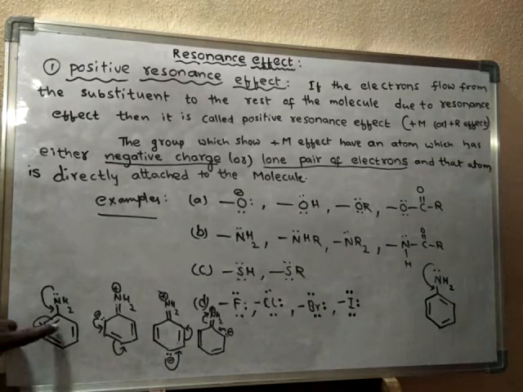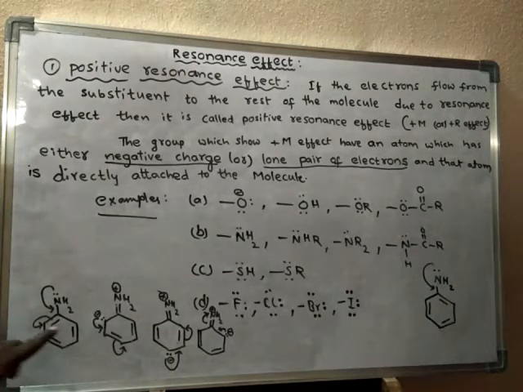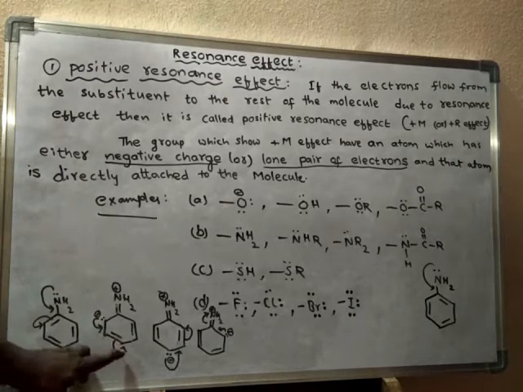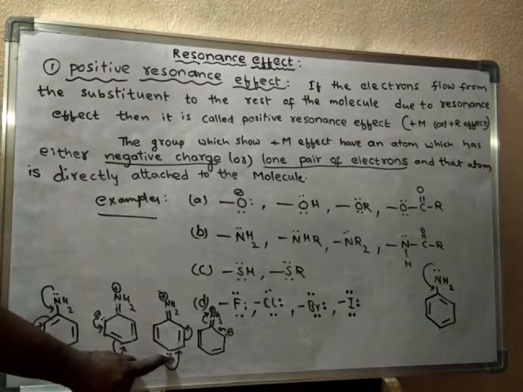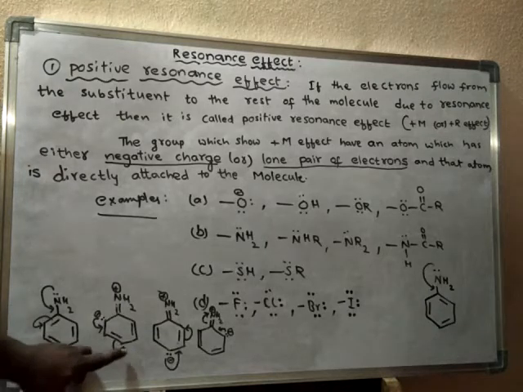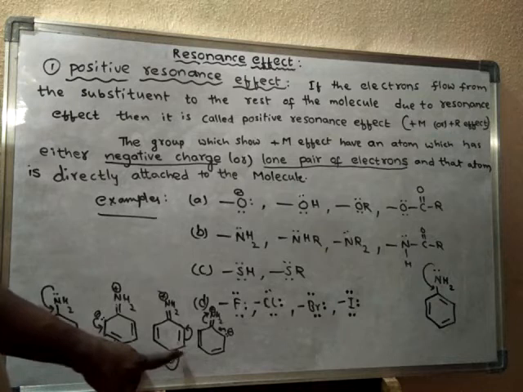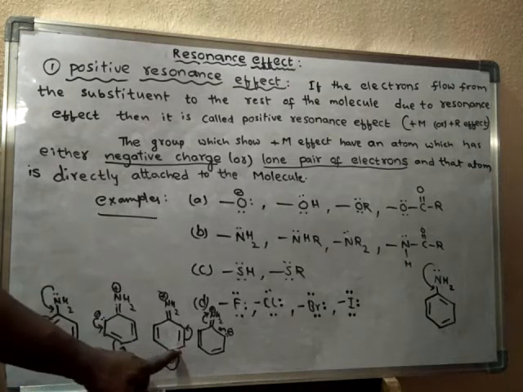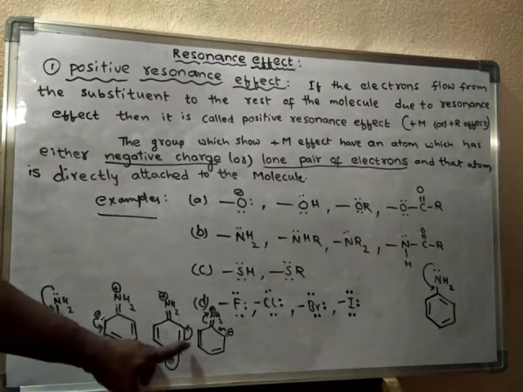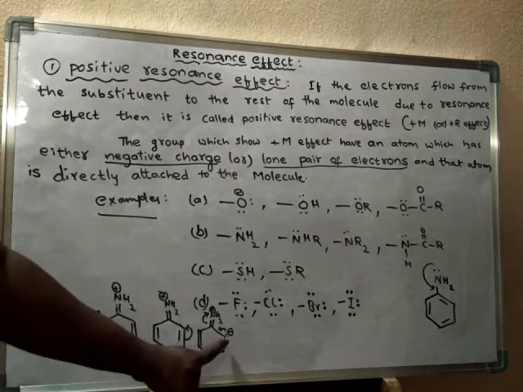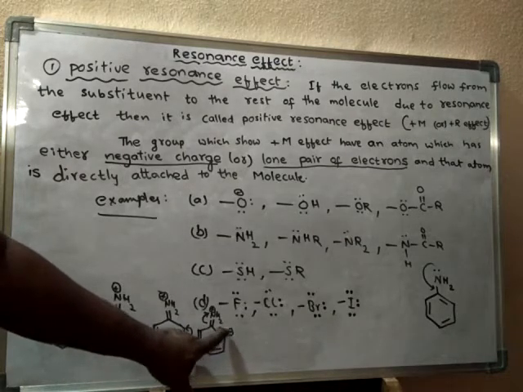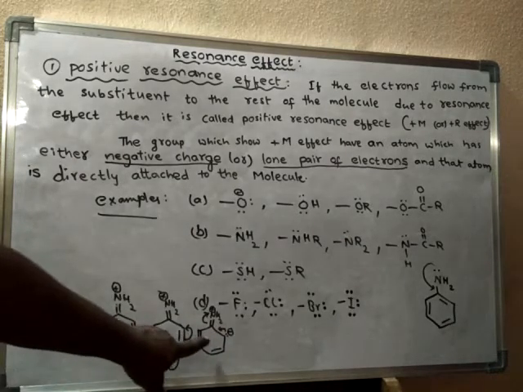Before, the pi bond was here; now it has shifted here, and these pi bond electrons will move to this carbon. Finally, this electron pair will again form a pi bond like this.